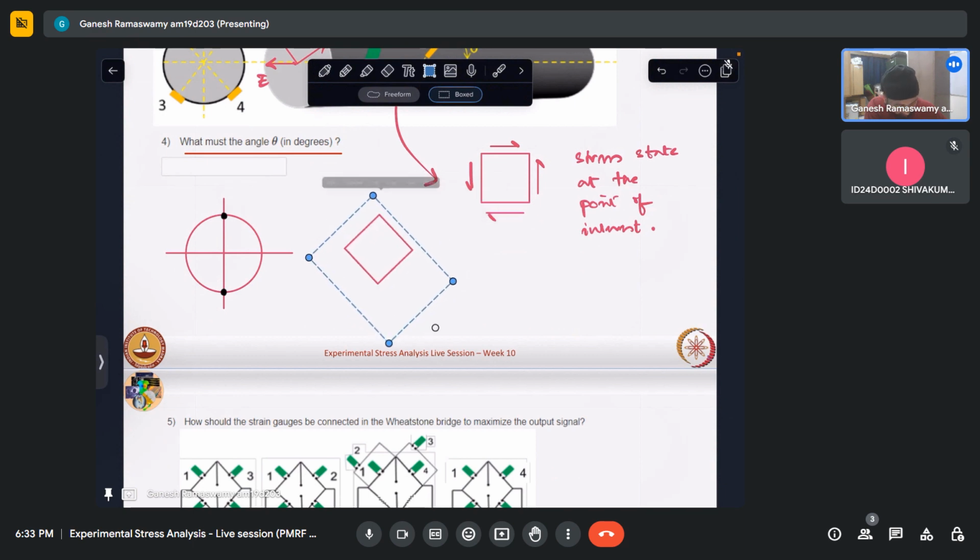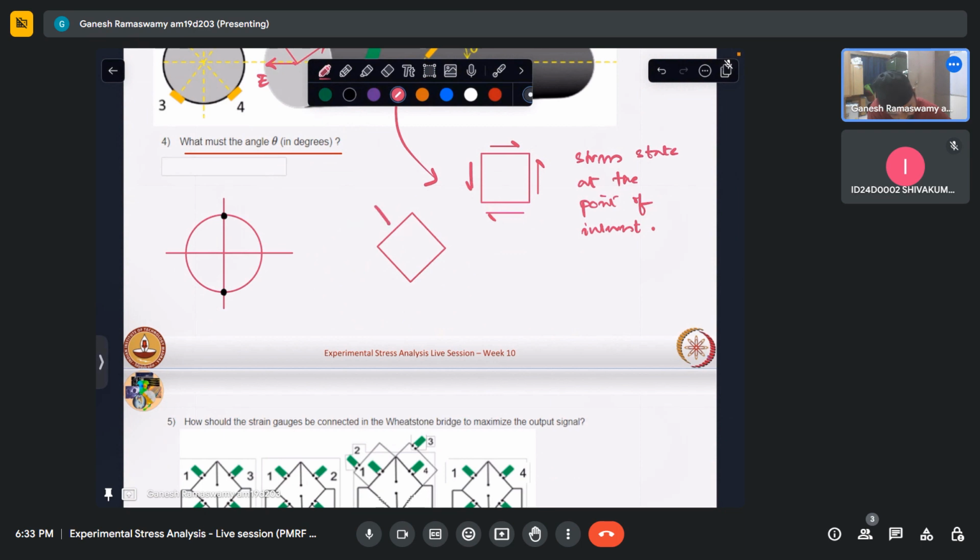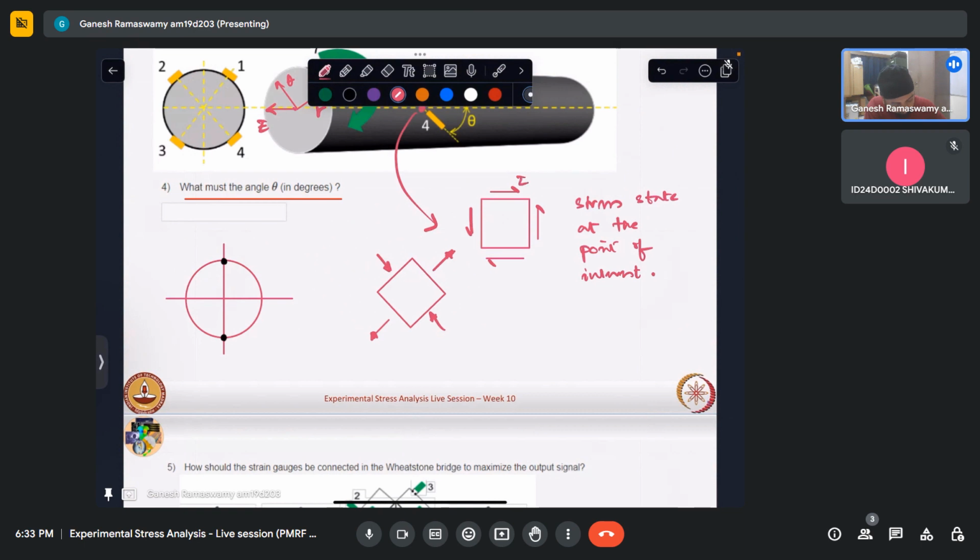If I rotate it by 45 degrees, I'll have this as compressive stress, and this will become tensile. And if this is of magnitude tau, we can see from the Mohr circle, this will also be tau. This will be minus tau. Minus I'm not writing because I've already indicated that with the sign.